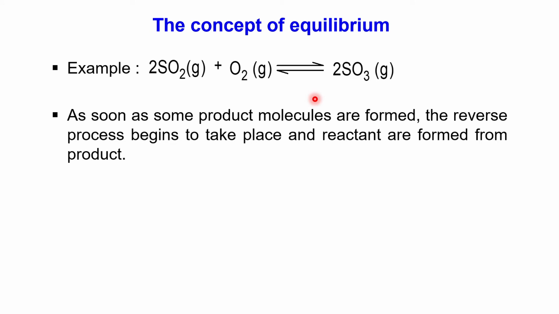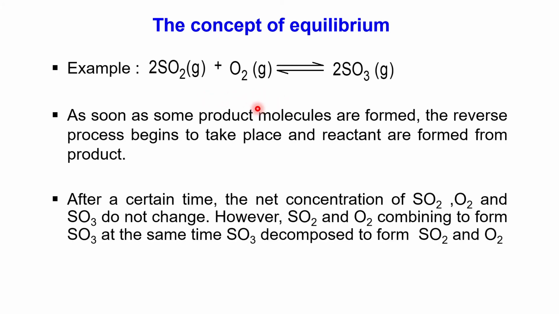Okay, for example, we have this equation: SO2 reacts with oxygen to produce SO3. So when SO2 and oxygen react, SO3 will be produced. As soon as some SO3 is produced, it will reverse, meaning some of the SO3 will decompose to produce back SO2 and oxygen.